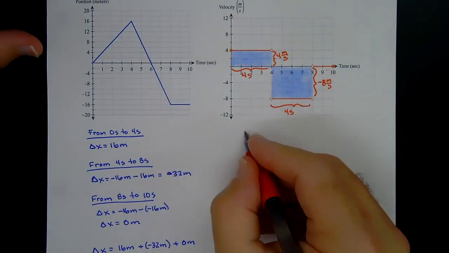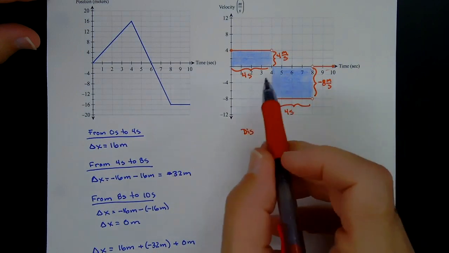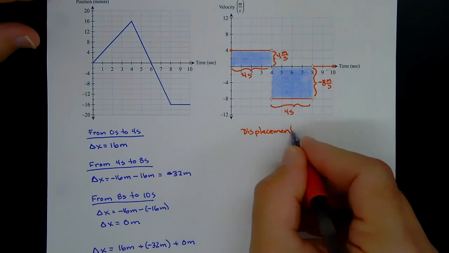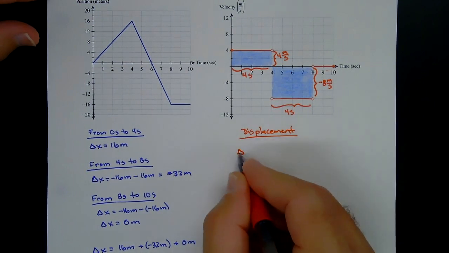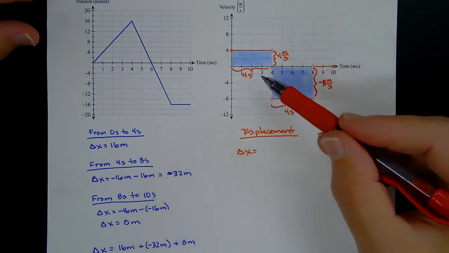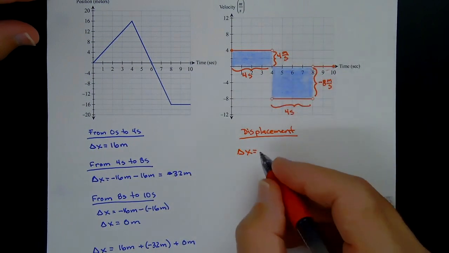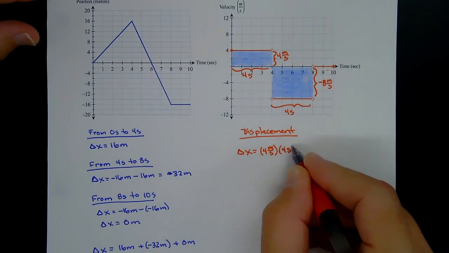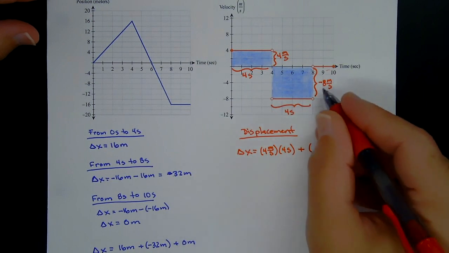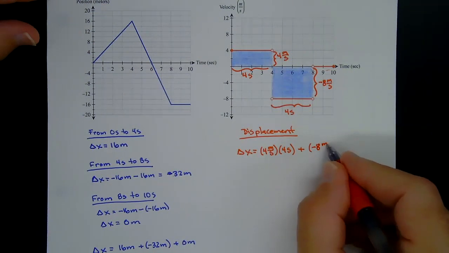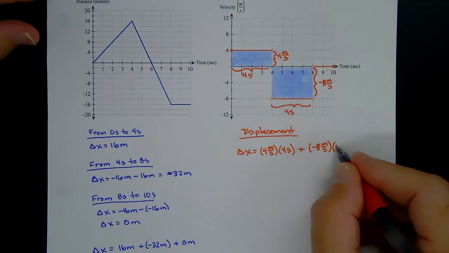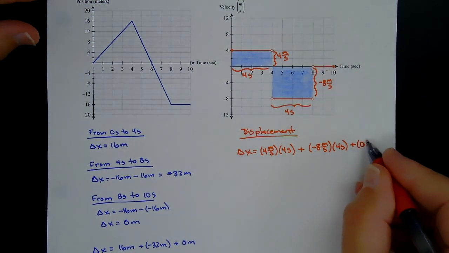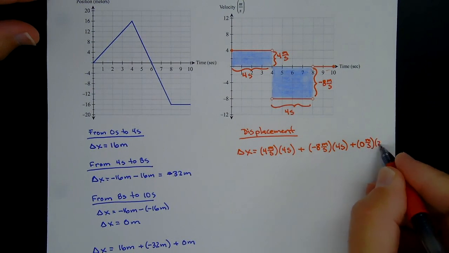All right. So for my displacement on this one, I just have to accumulate all of these areas. My displacement is going to wind up being 4 meters per second times 4 seconds, plus -8 meters per second times 4 seconds, plus, and you could even do this one, 0 meters per second times 2 seconds.